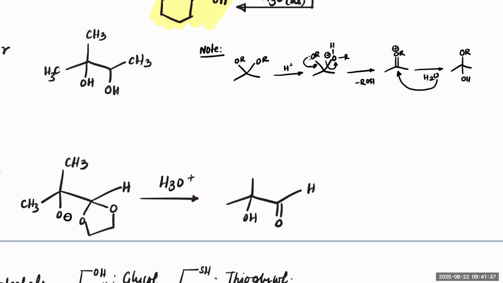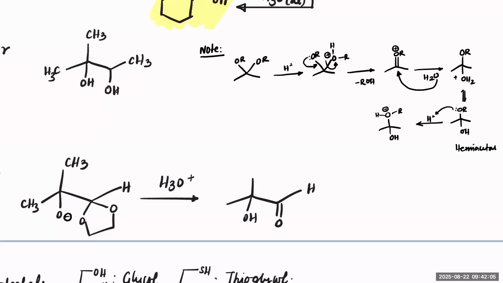OH2 plus hoga, because it is in an acidic medium. You will notice this as OR and OH, which is hemiacetal. You know, this is hemiacetal. And since it is still present in an acidic medium, right? So lone pair will be taken by this H plus. You will get this positive value, and you'll get this as OH.